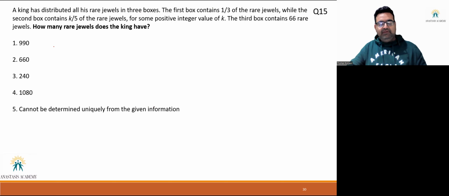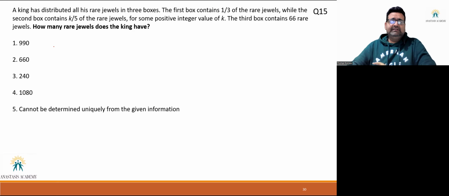Let's come to the 15 problem. Now, 15 problem says that a king has distributed all his rare jewels into 3 boxes. The first box has 1/3, the second has k by 5, and k is a positive integer, third has 66.